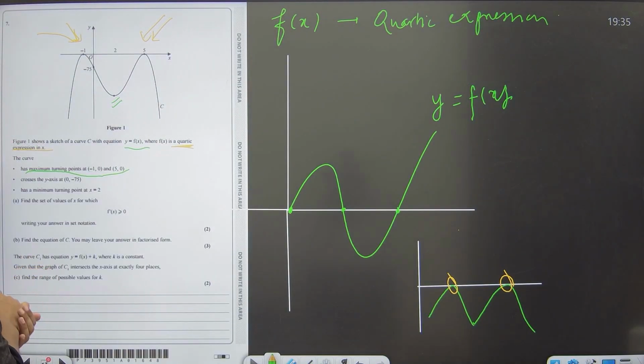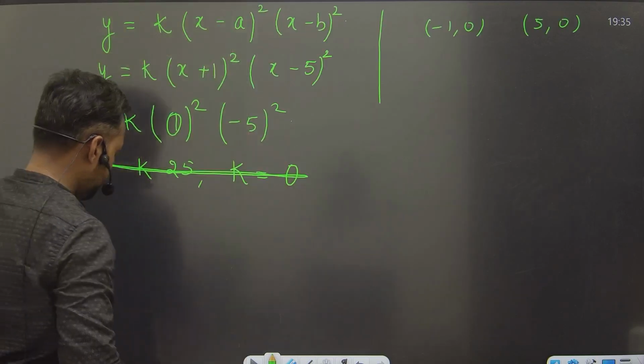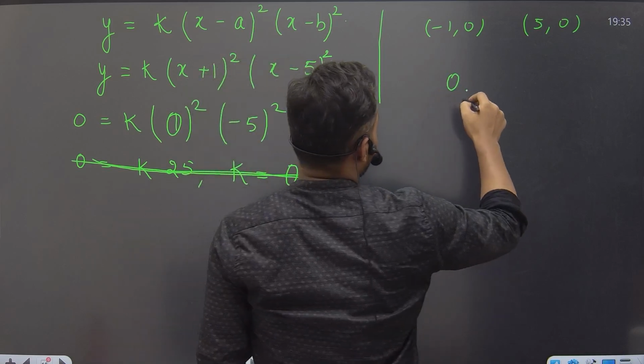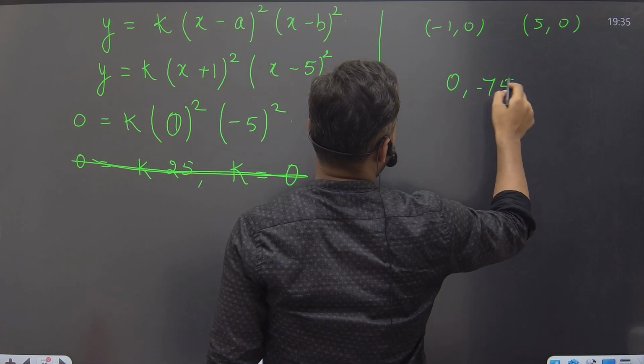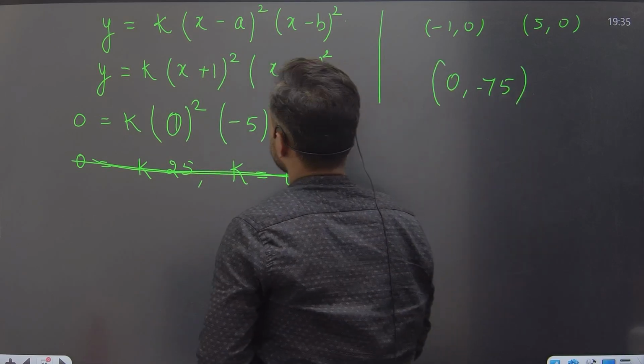Now, the function we have got crosses the y-axis at (0, −75).